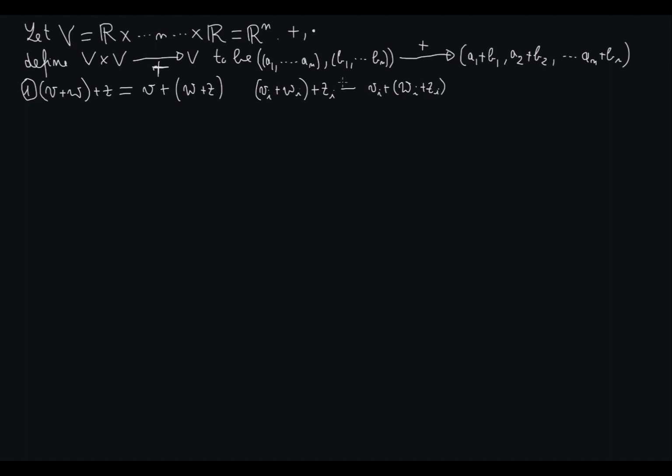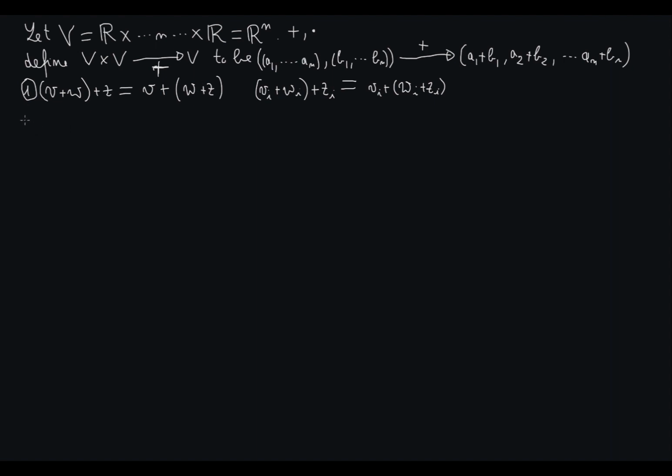So this equality holds, of course, because these are just numbers, and the associative property for the sum holds in the elements of R, simply because R is a field. R is a field, so it has an addition inner operation, and this addition satisfies the associative property. Therefore, this implies the associative property for all Rn.